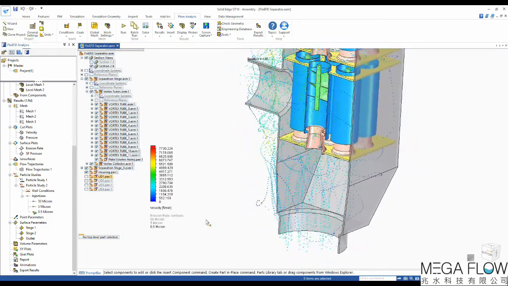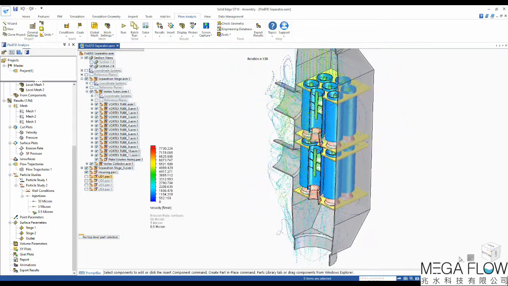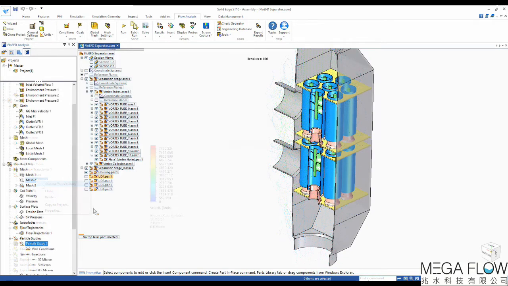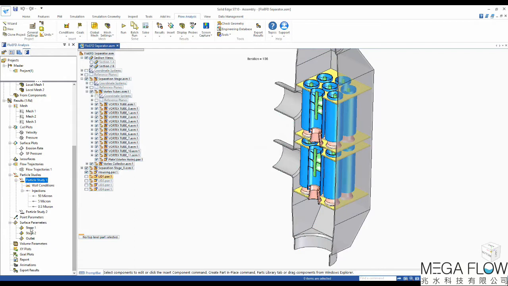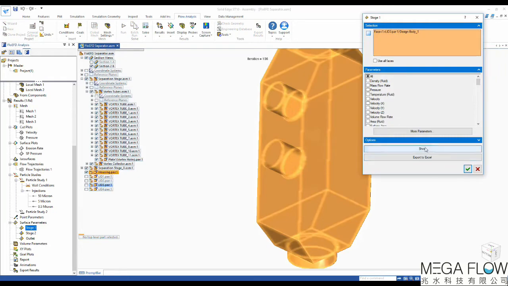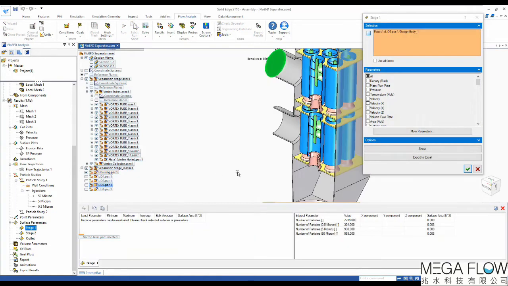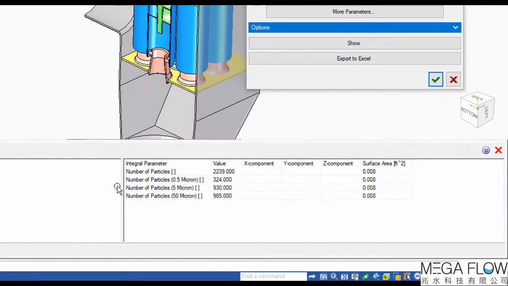So we can get a feel for exactly how good the separation efficiency is. The way to visualize that is to use surface parameters. If we look at our stage 1 and show that, in stage 1 we're removing 98.5% of the 50 micron, 93% of the 5 micron, but for the 0.5 micron we're only removing 32.4% of those particles out of 1,000.